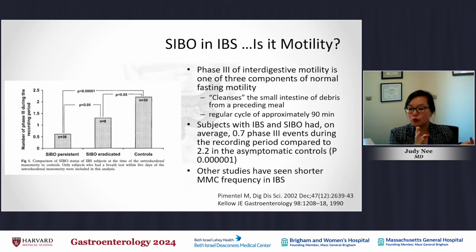Other studies have shown shorter MMC frequencies in IBS. There are various intraduodenal abnormalities, but there's not one particular overarching idea of what is wrong or different about patients who have SIBO and IBS.